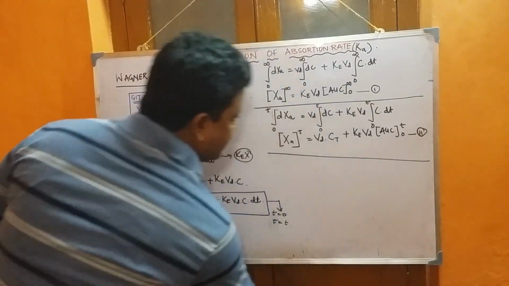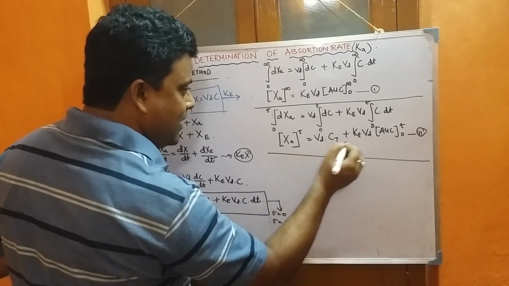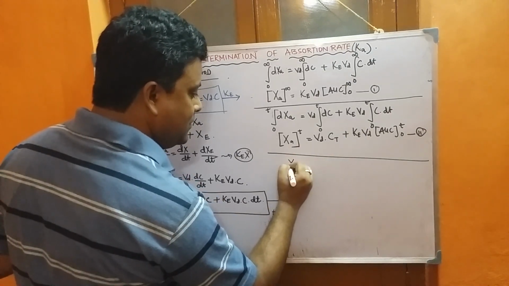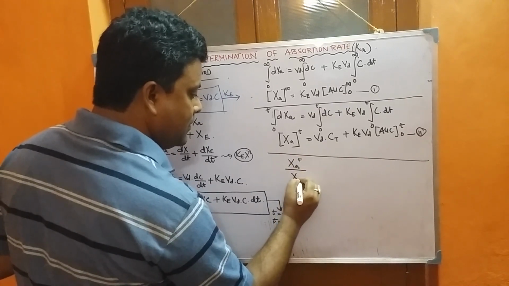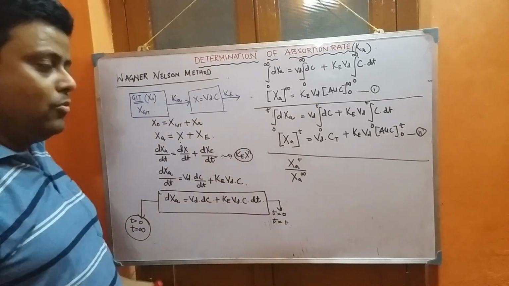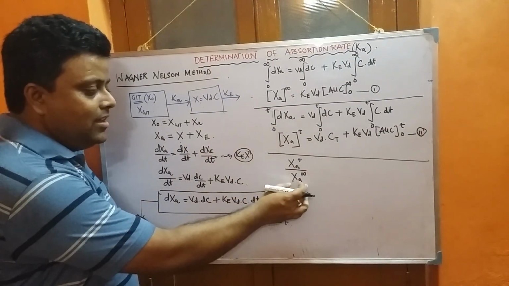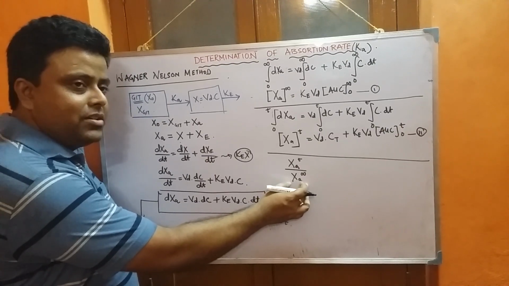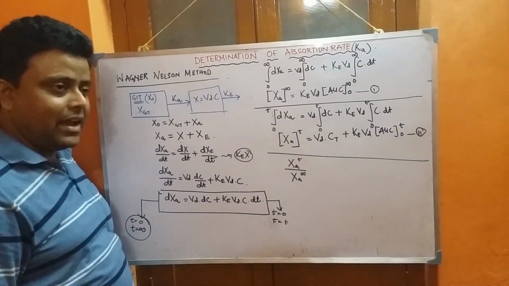Now, if you say just dividing equation 2 by equation 1, what does it say? It says this is the total drug which is finally being taken inside.